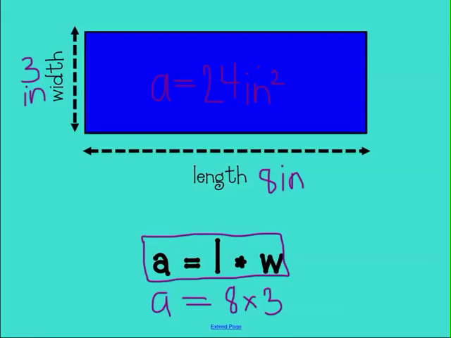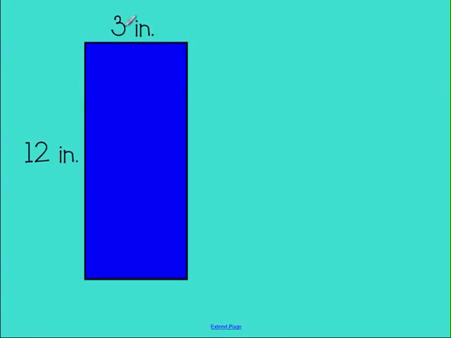All right, let's go ahead and do one practice problem before I send you to take your quiz. So taking a look at this rectangle, I have my width is 12 and my length is 3. So here's my formula. Area equals length times width.